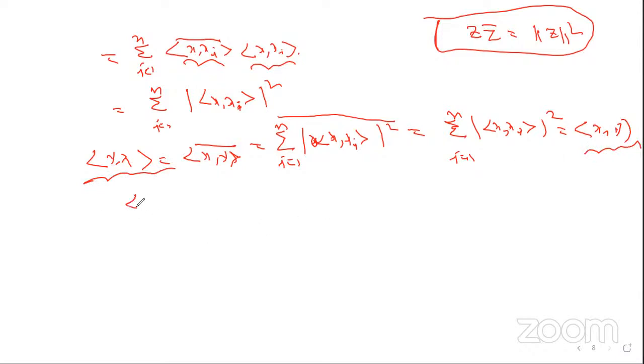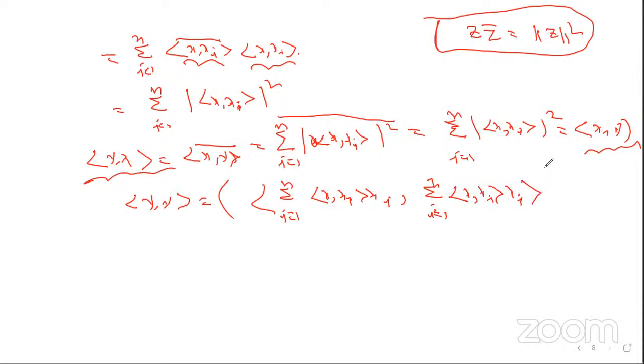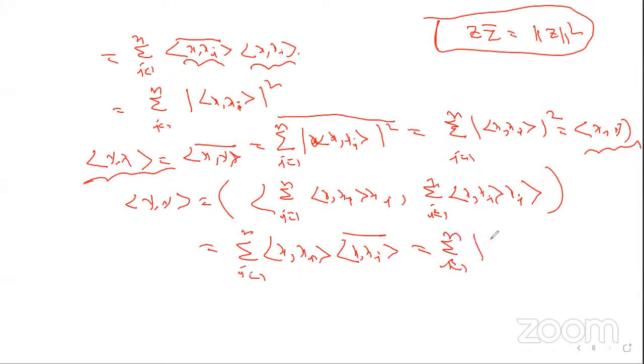So then the inner product of y comma y. That equals the inner product of the sum from i equal to 1 to n of the inner product of x comma xi into xi, comma the sum from i equal to 1 to n of the inner product of x comma xi times xi. That equals the sum from i equal to 1 to n of the inner product of x comma xi times its conjugate. That is nothing but the sum from i equal to 1 to n of the modulus of the inner product of x comma xi, whole square.